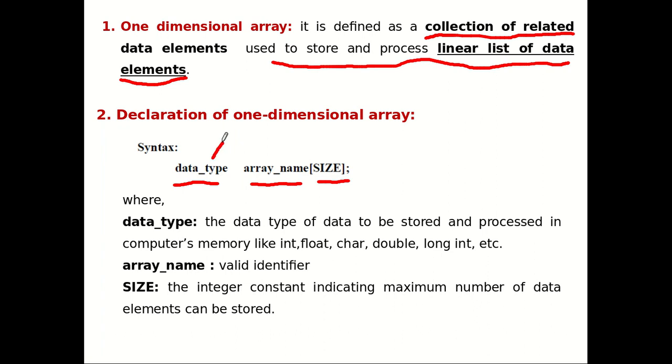The data type could be integer, float, character, double, etc. The name of the array is any valid variable name. The size is the maximum number of data elements that can be stored, and this must be an integer.